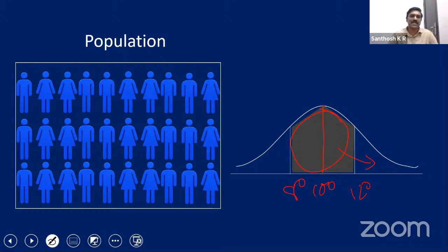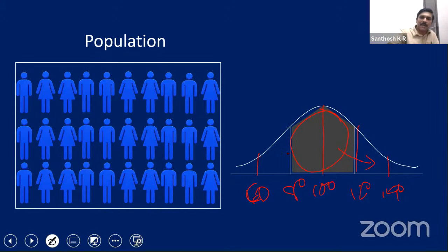If standard deviation is 20, then from this position there will be another position here at plus 20, that will be 140. And from here there will be a position at minus 20, that will be 60.